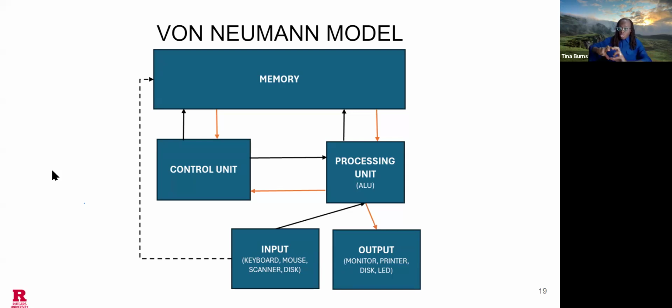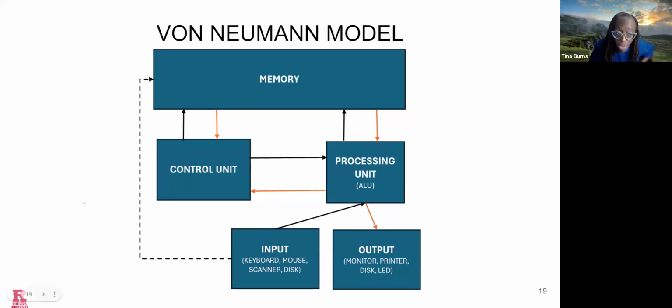The first thing you're doing is your program, you're inputting information, right? We're starting from the bottom up. You're going to input information that's going to go to your processing unit. It's going to be communicated to the control unit, and then that's going to go up to your memory. And then the processing unit will also have an interface with the memory itself, right? So just keep that in mind for the four components that you will have for your von Neumann model.